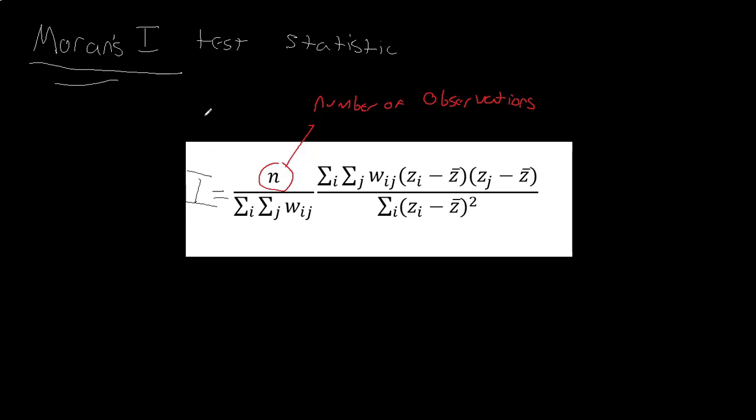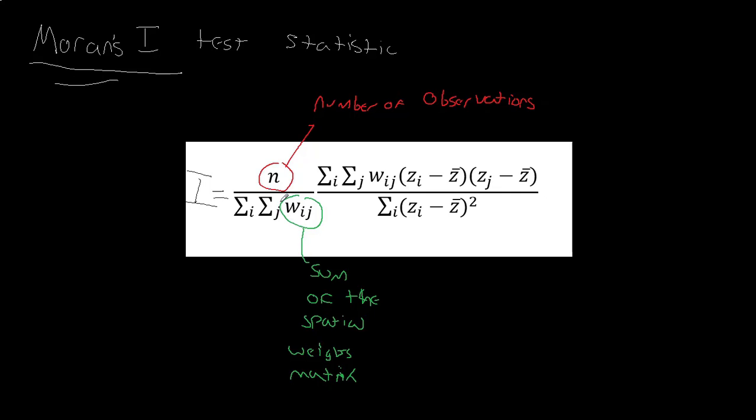This sum over i, sum over j of w_ij is the sum of the spatial weights matrix.